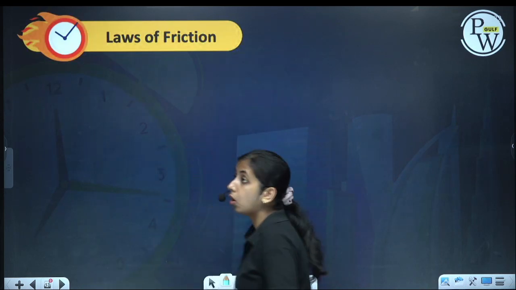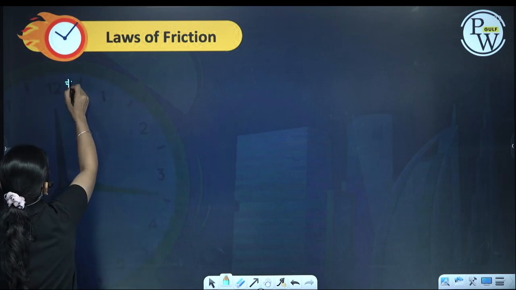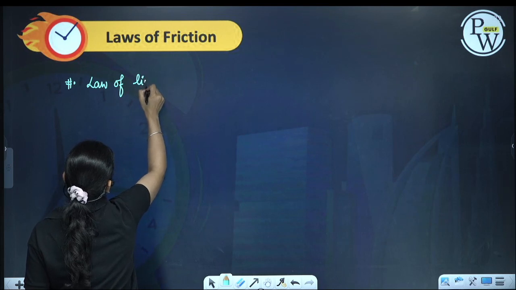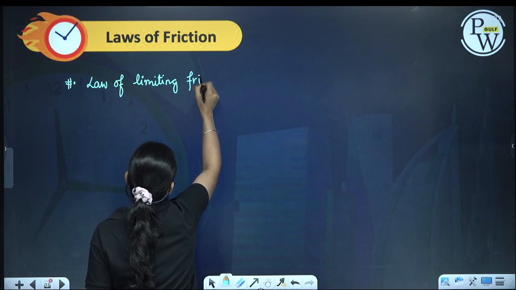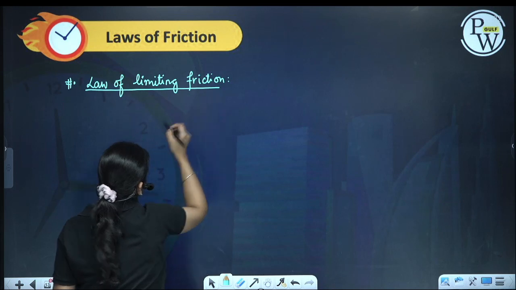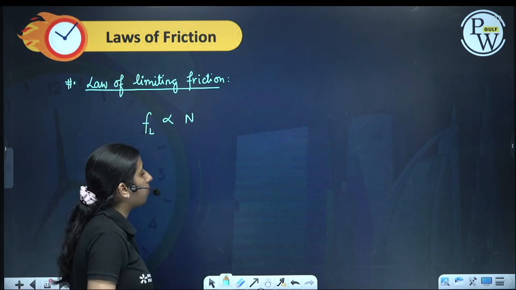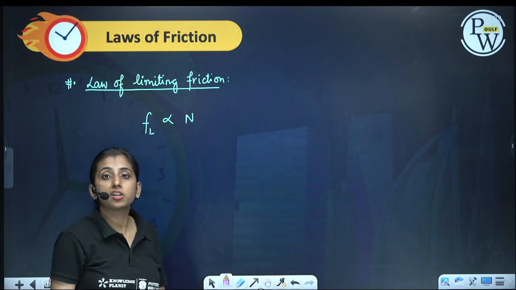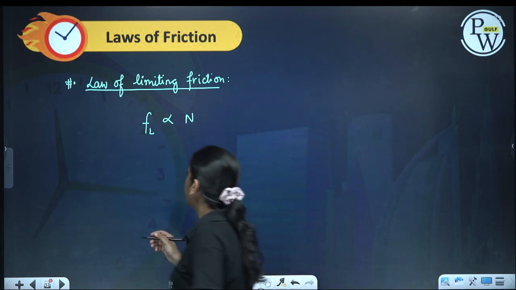Now let us do laws of friction. We have two laws of friction. First is the law of limiting friction. It says that the limiting friction acting between two surfaces in contact is directly proportional to the normal reaction.